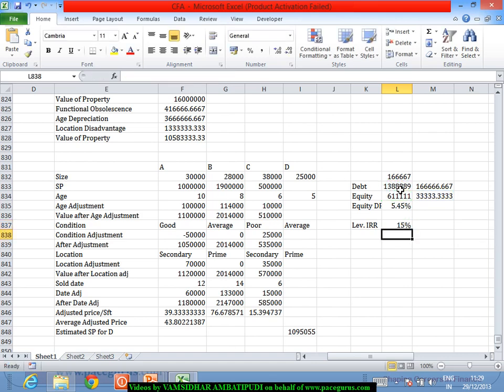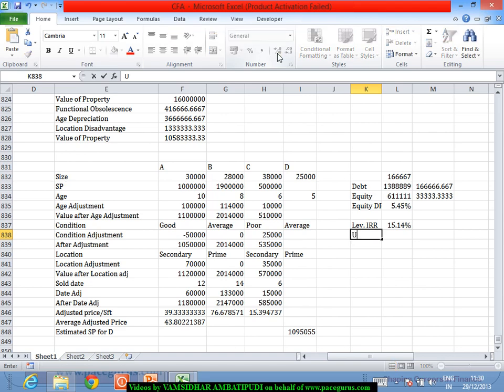So the leveraged IRR in this case, by taking the loan, is the return which the equity investor is getting by investing 6.1 million on his own, getting 33,000 every year for 5 years, and at the end of the 5th year selling the property at 2.4 million and returning 1.39 million. His IRR in this entire process is going to be 15.14%. So that is the kind of return he can get in case he has taken the loan.